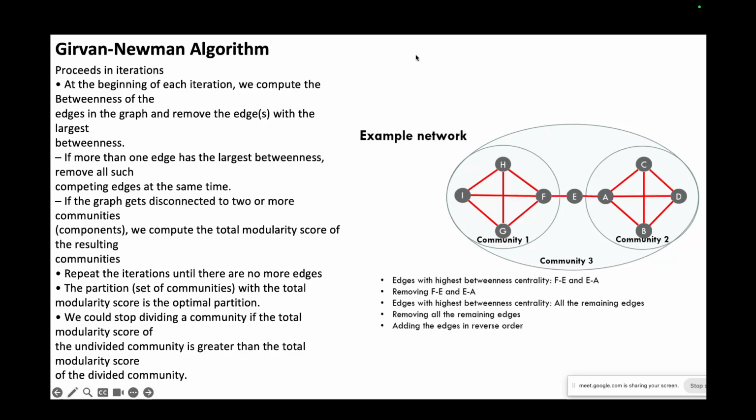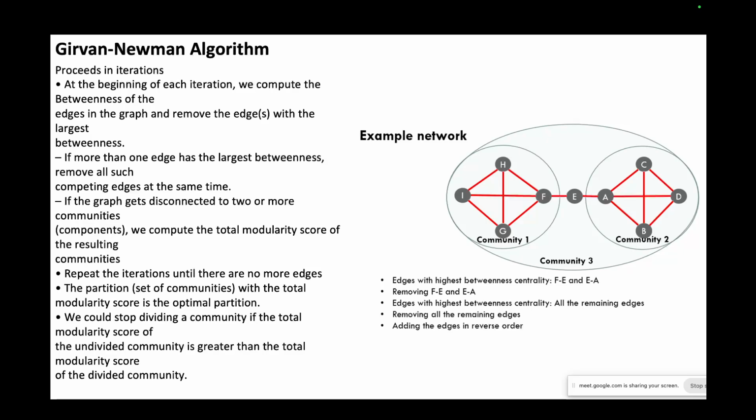So this is an example network where you have nine nodes inside the network. Now, if you follow the Girvan-Newman algorithm, you remove the edge with the highest betweenness centrality, which is going to be this E, and the edges connecting E and F and E and A. So that is the node with the highest betweenness centrality, and then you remove these two edges, and you are left with two different communities.